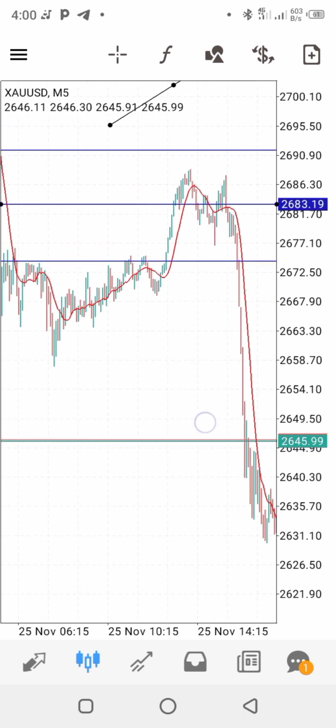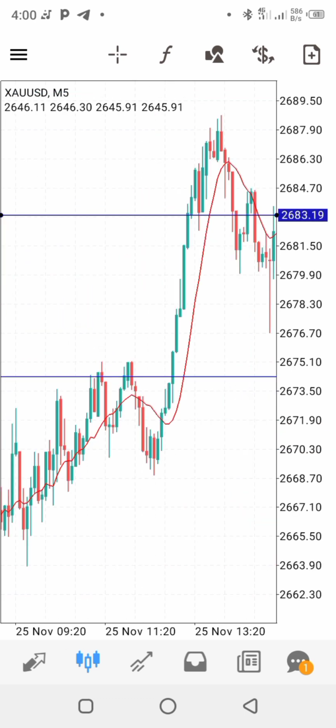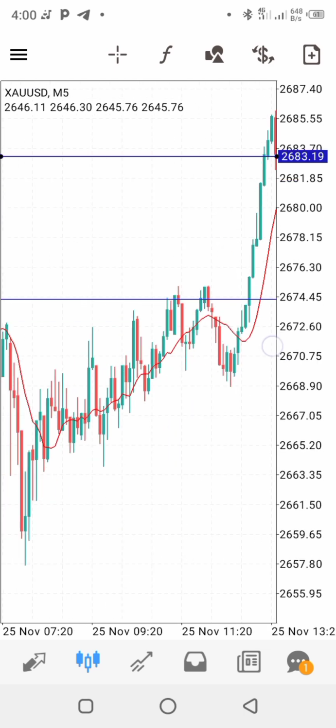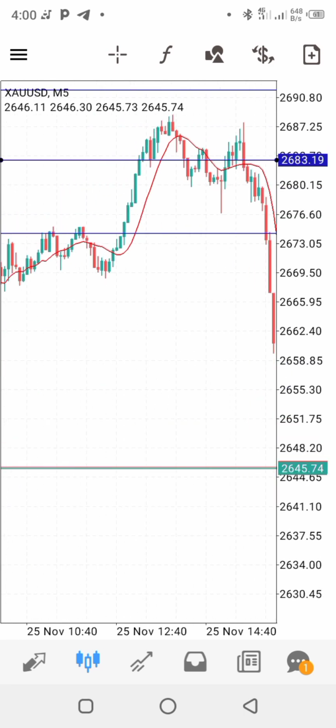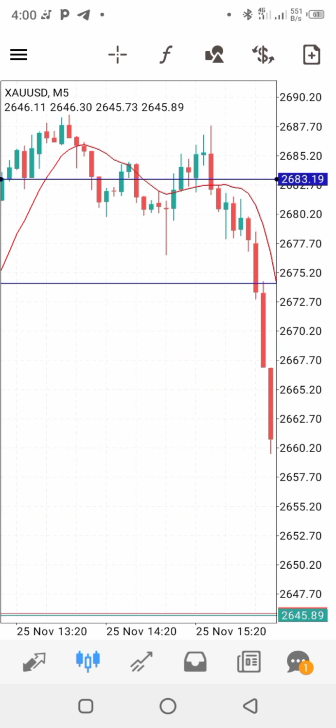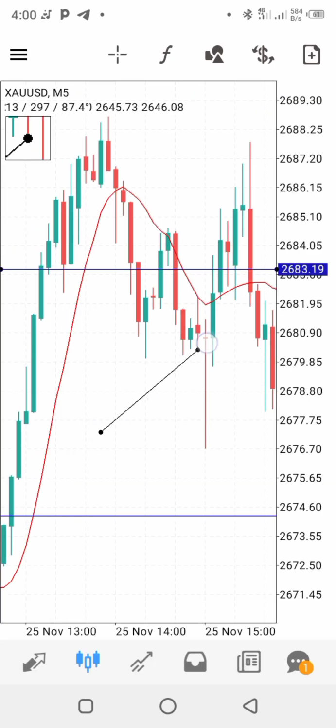Now immediately price is at this place, you can see price also created the same thing from the 4 hour, and that's why we say the market is what? Fractal. You can see now price has traded back to this imbalance.